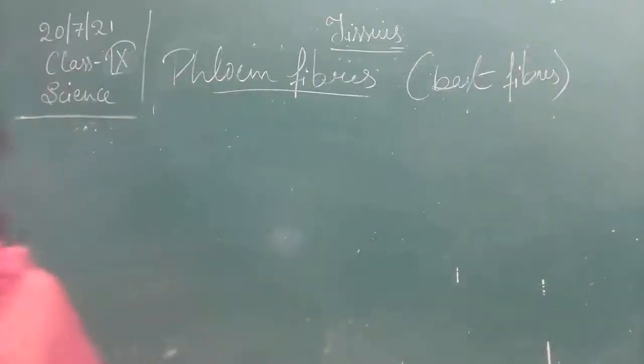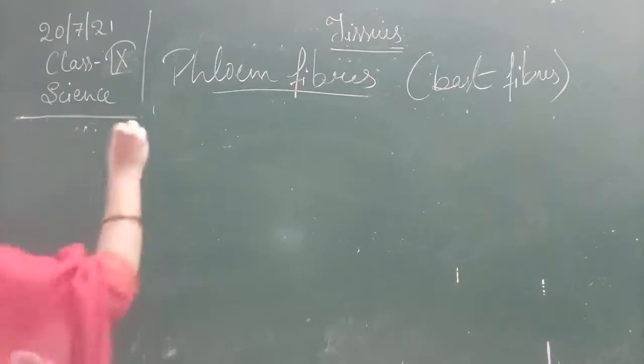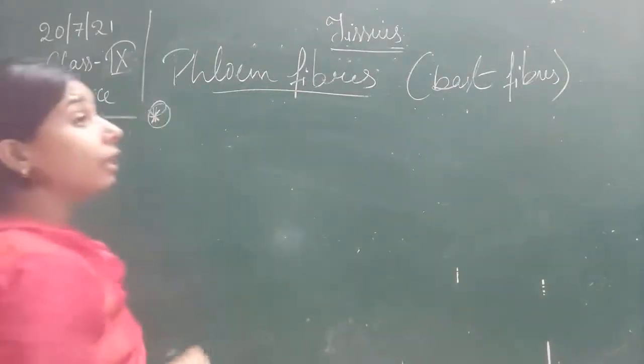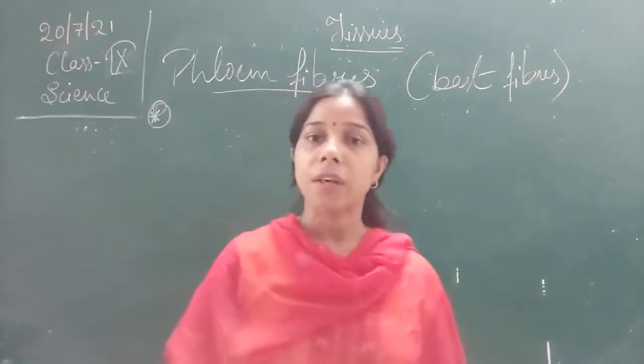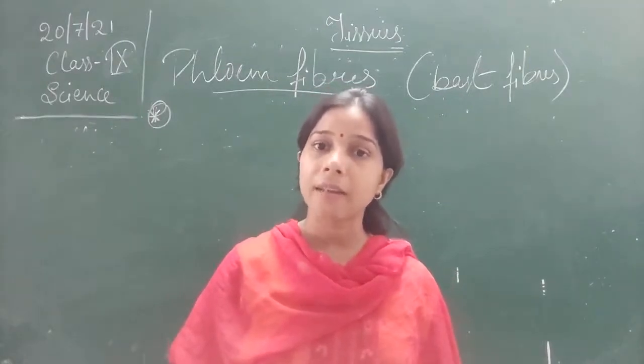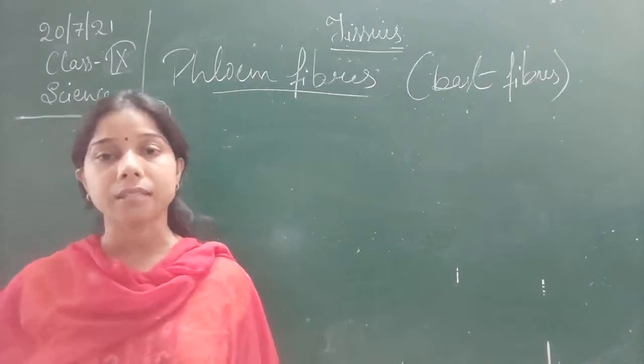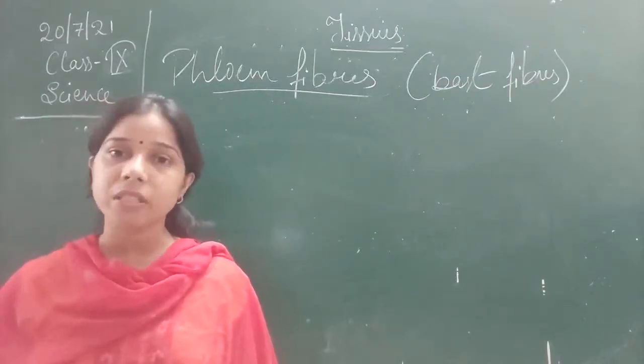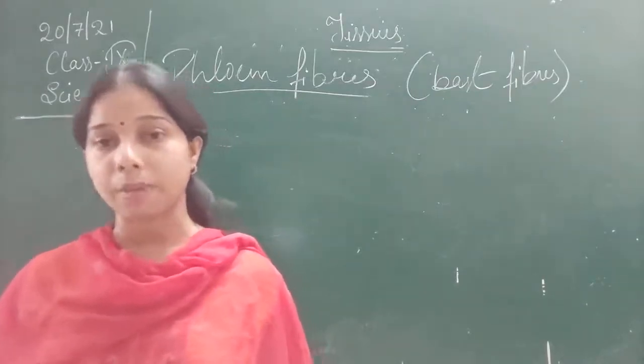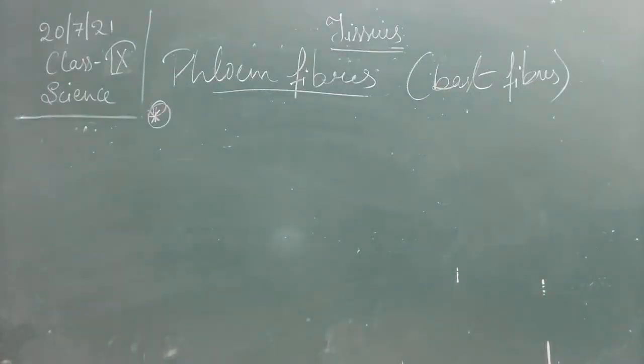These are long, elongated and lignified walled structures. Lignified means again it is sclerenchymatous. You see this xylem fiber and the phloem fiber we have studied in the sclerenchymatous tissue. So obviously phloem fibers come in the category of sclerenchymatous tissue.